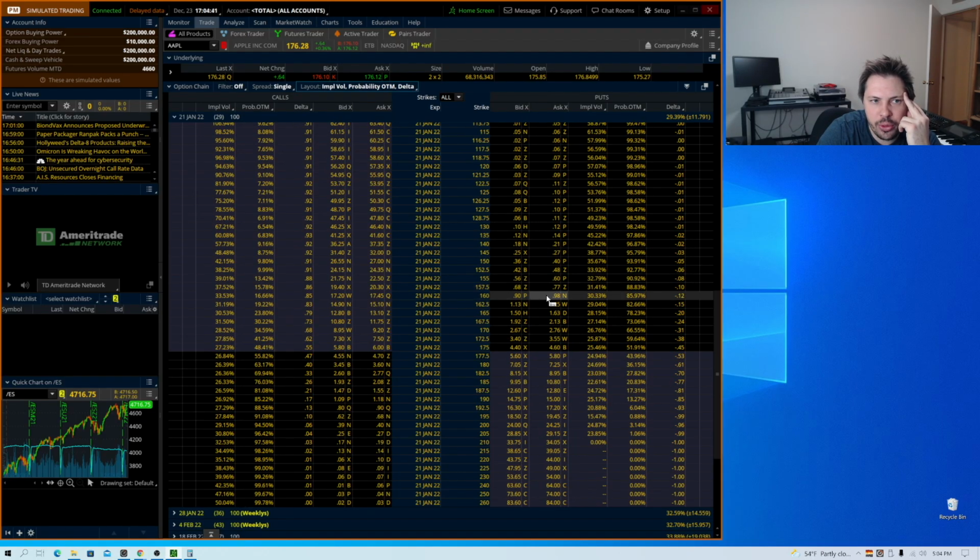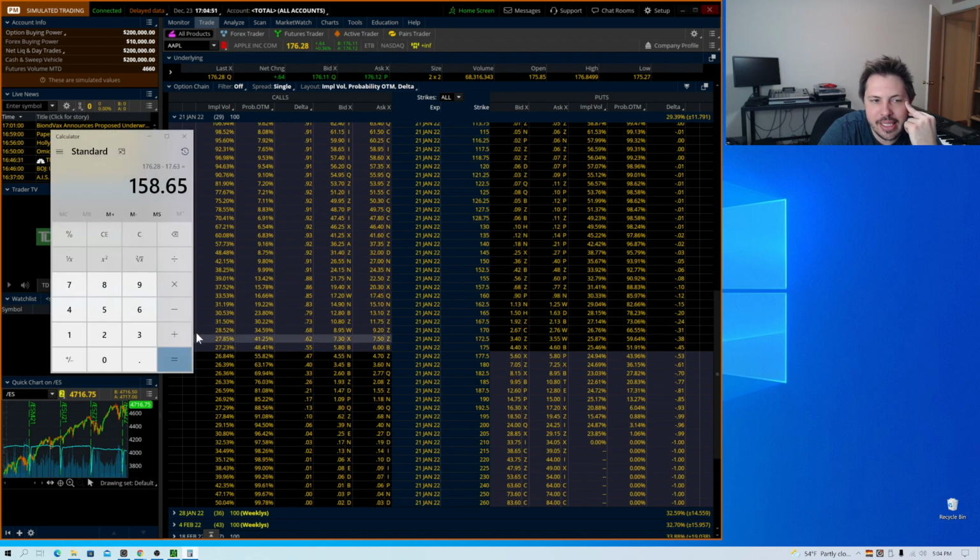This 160 put here, 29 days out, has a delta of negative 0.12. What this is saying is we roughly have a 12% chance that this is going to end in the money.